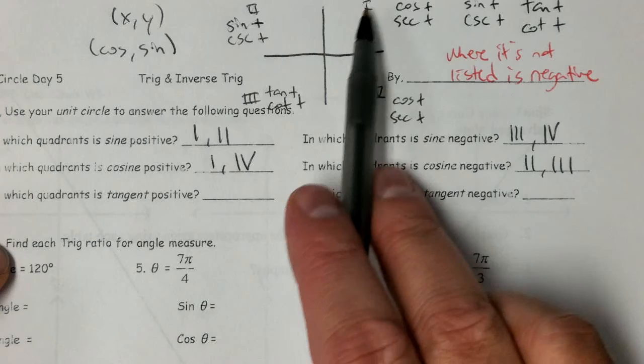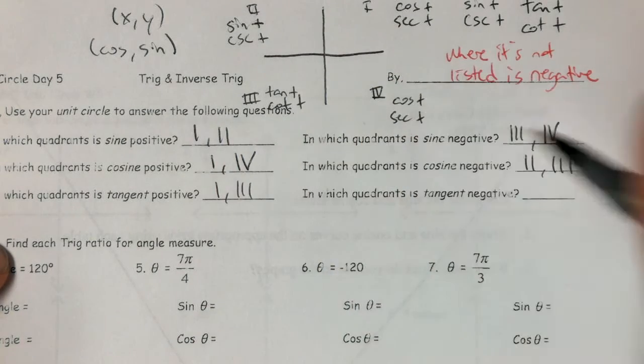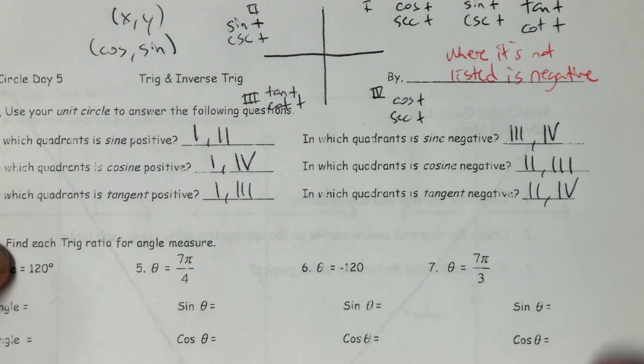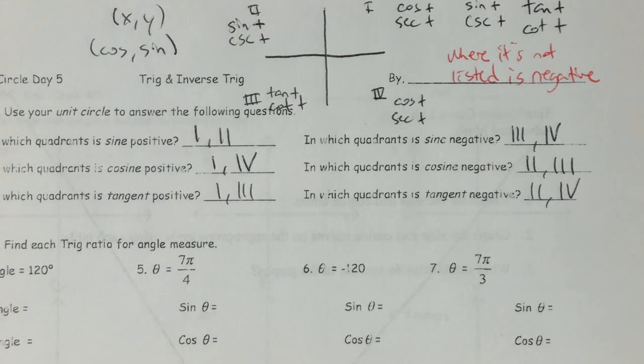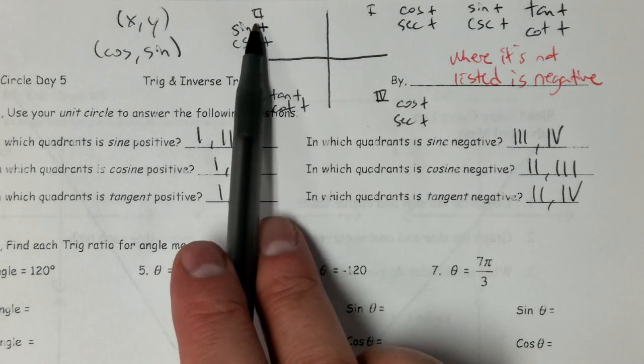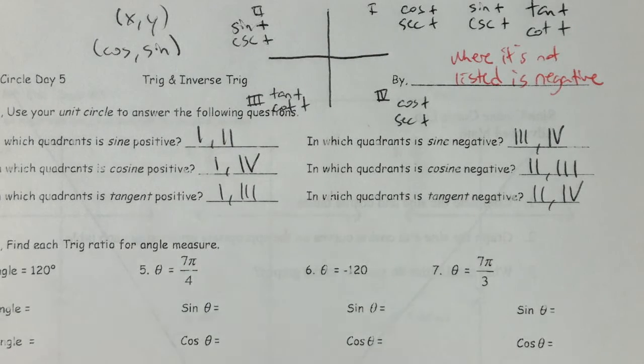And tangent is positive in 1 and 3. And negative in 2 and 4. It doesn't matter if you put the little lines above it, like where I have to, or if you just do it with tick marks. It doesn't matter.